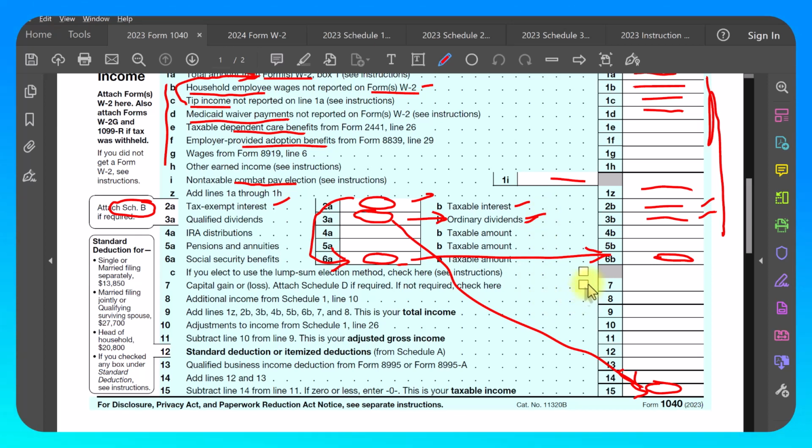You may need to check off this box here and add in the long-term capital gains or the capital gain distributions. And just like the qualified dividends, capital gain distributions get taxed at lower rates. So you're going to back it out of here and tax it at that 0, 15, or 20%. And the rest of the taxable income gets taxed at regular higher rates.